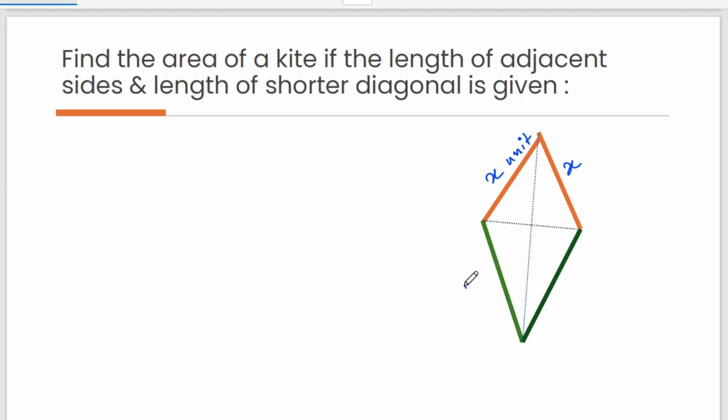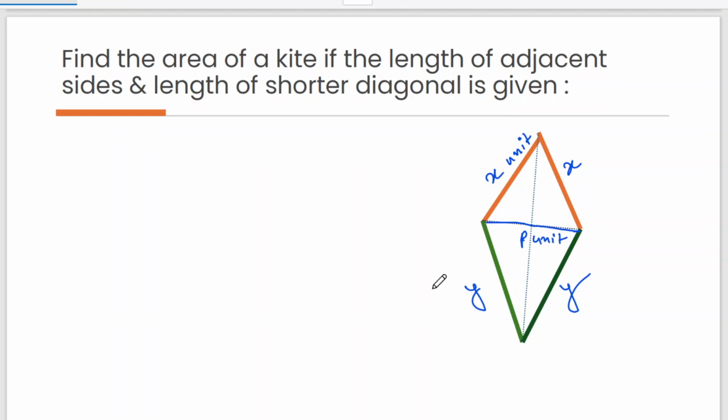Now, if it is given as Y unit, this is also Y unit. And the length of one diagonal is given, and let us consider it as a P unit.